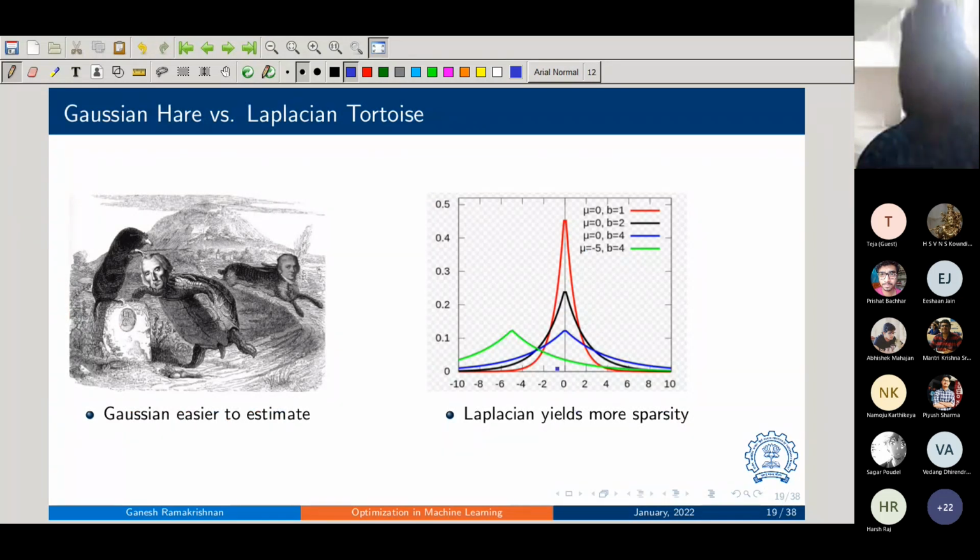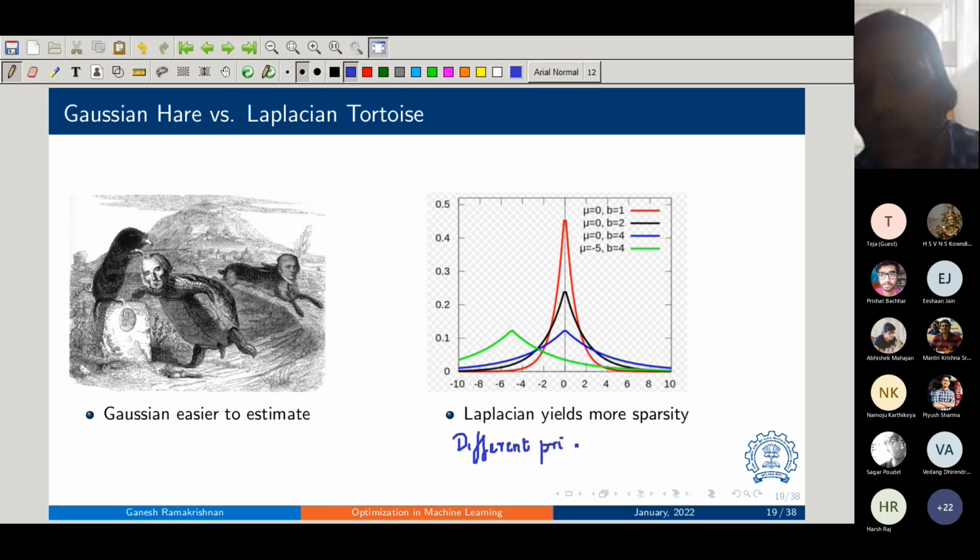So these basically are telling you, you can forget the mu and the b for the time being, but these are telling you where you would like most of the thetas to lie. So the red one says the thetas should be increasingly at 0. That's a prior, right? You could have a slightly more benign prior, or your prior could be peaking somewhere else. So these are different priors on theta.